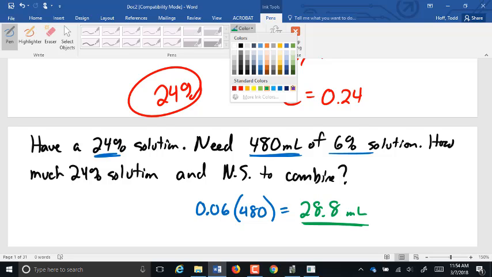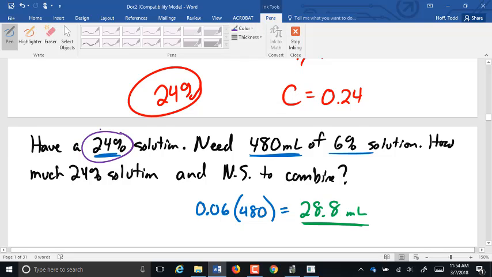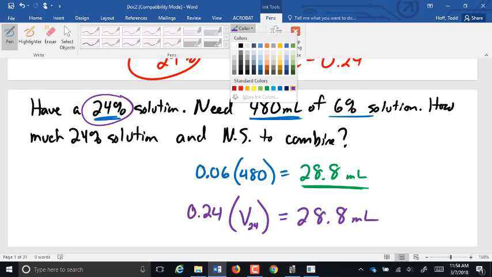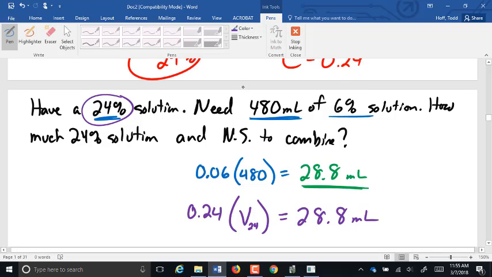Well, we can use that now to figure out how much 24% solution we need. I'm going to do 24% is 0.24 concentration times volume. I'm going to put volume with a little 24 by it. That's the volume of the 24% solution. Has to give us that 28.8 milliliters of our active ingredient.